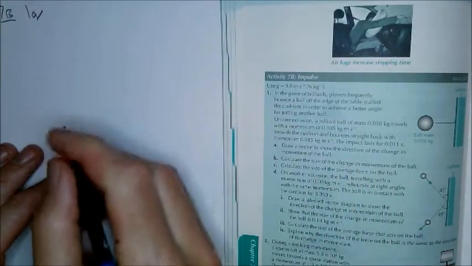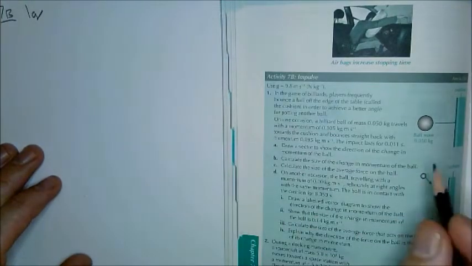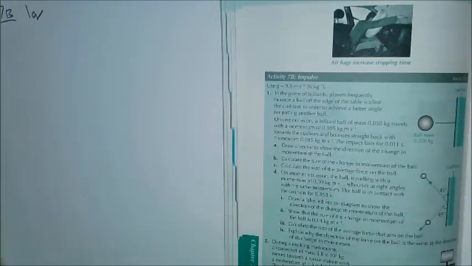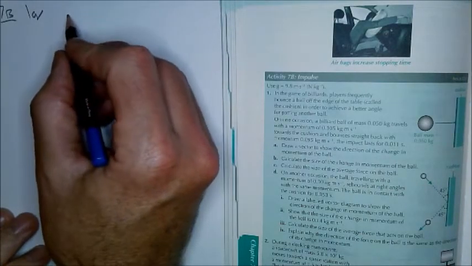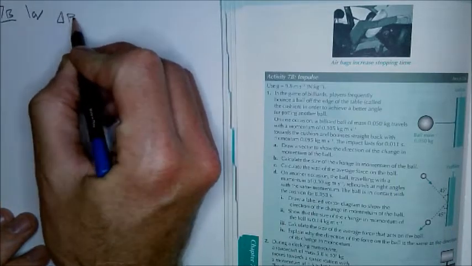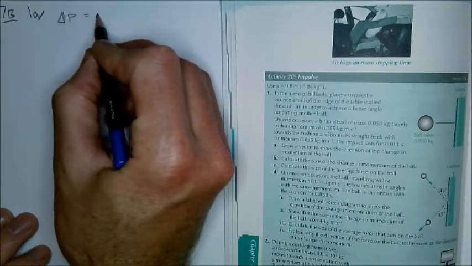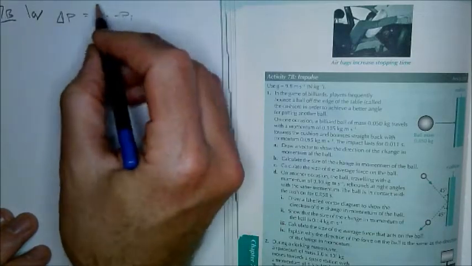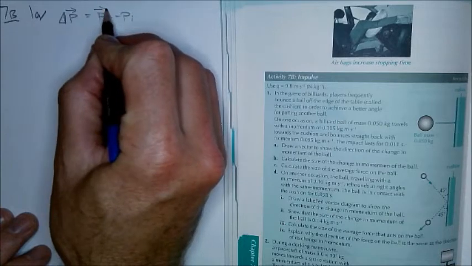So the crucial point here is that momentum is a vector. The direction of that vector is the same as the ball's velocity. The other crucial point is that change in any variable, in this case change in momentum p, equals p final minus p initial. And these are vectors, so we can put a little arrow over the top.